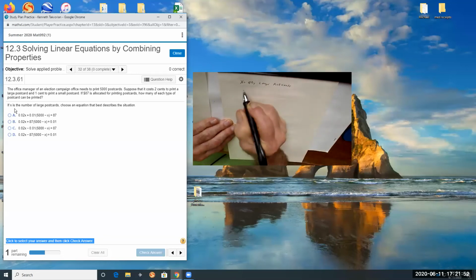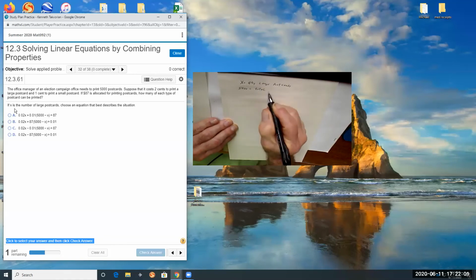Well, if the total number of postcards is 5,000, that's the total number of cards. Well, what's the quantity of small postcards? Well, x was the quantity of large, 5,000 is total.